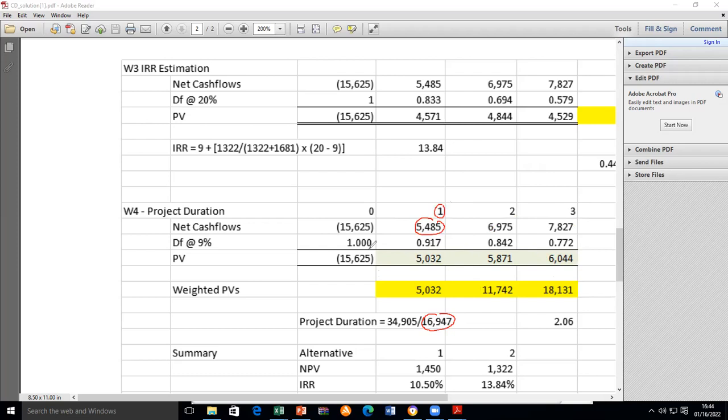Please, can you all take your calculators? I misled you, not this figure, this one here. 5032 over 16,947 multiplied by 1.